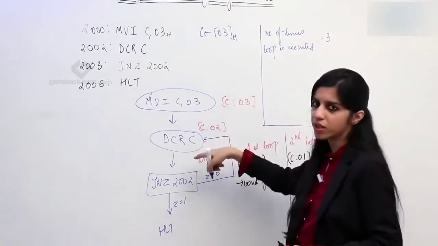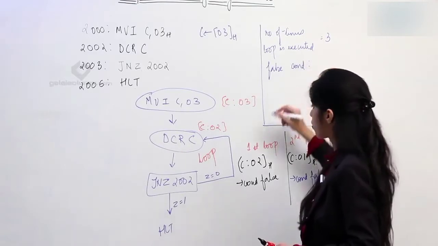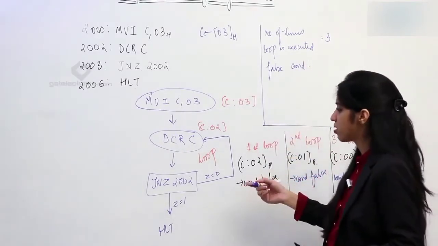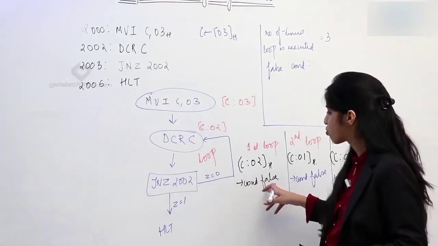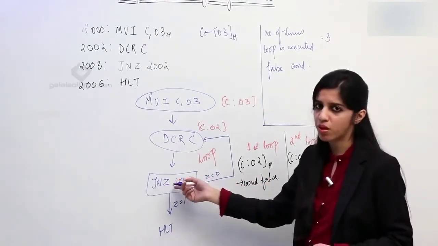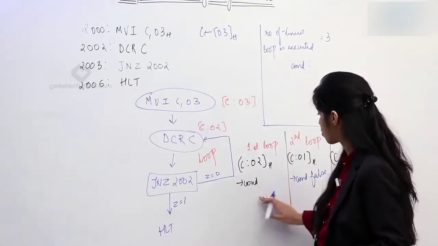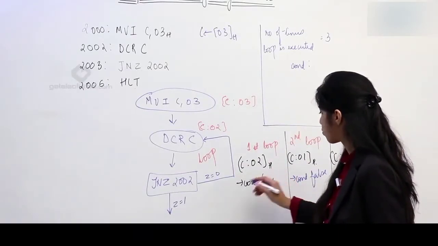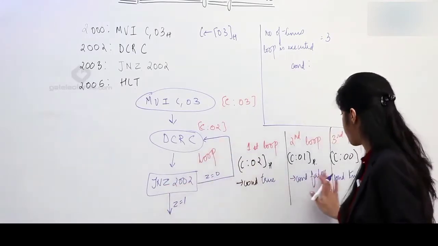Okay, sorry, according to this program, the jump condition, where C is not 0, is the true condition, so we made the jump.